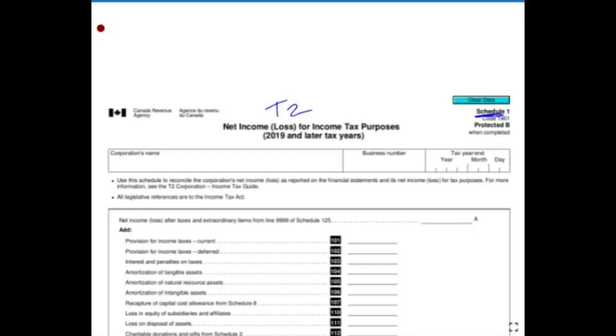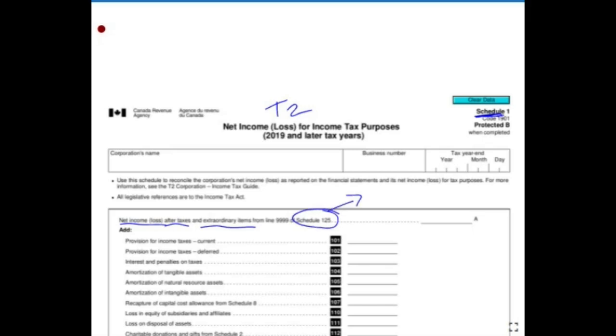And with tax returns, you have the T2, the general part, just like a T1, and then you have all these offshoot schedules where other things are calculated. Schedule 1 being one of the most important ones, just like we said, starts with net income or loss after taxes and extraordinary items from your Schedule 125.